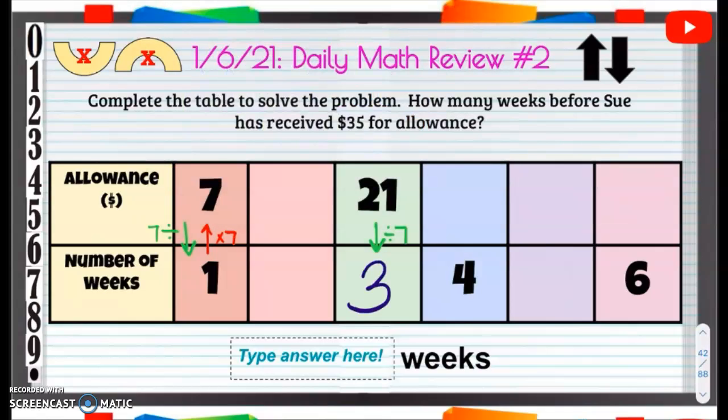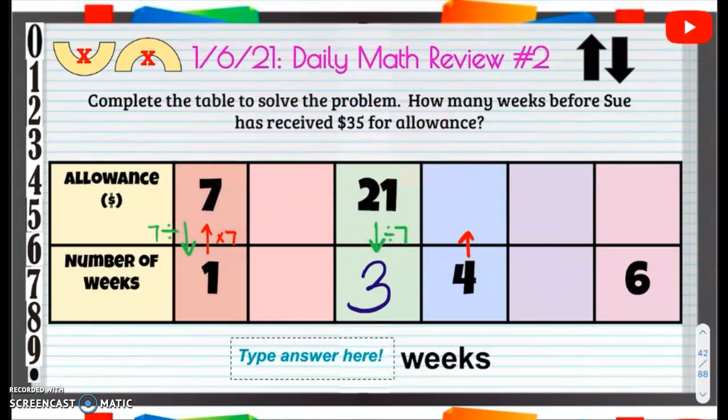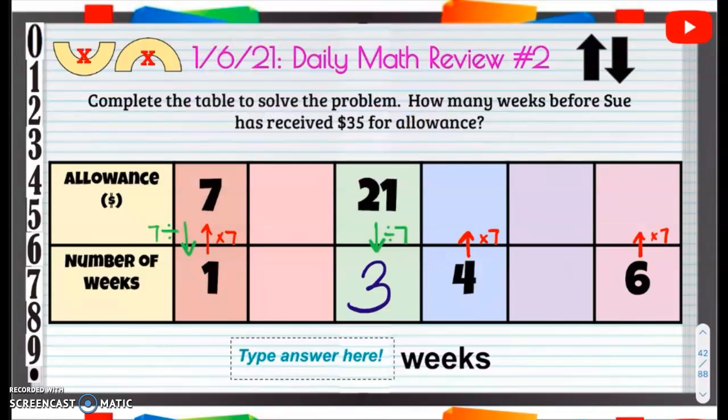Then the next two, we're going upward. So 4 times 7, and then 6 times 7. So 4 times 7 is going to be 28. And then 6 times 7 is going to be 42.